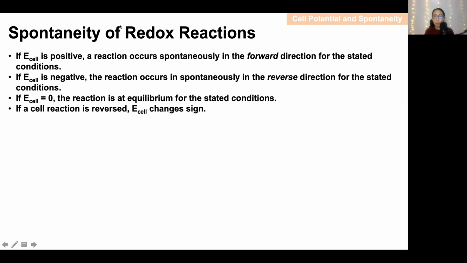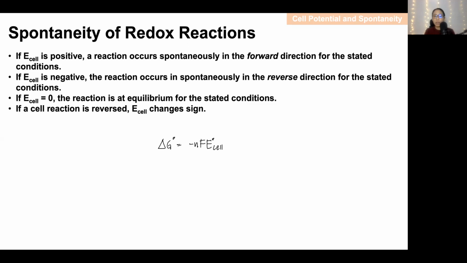So from our formula, connecting electrochemistry and thermodynamics, we see that if we have a cell potential that is positive, we get a negative delta G value. This means that our redox reaction as written, whatever reactants and products you have, the forward reaction is spontaneous.